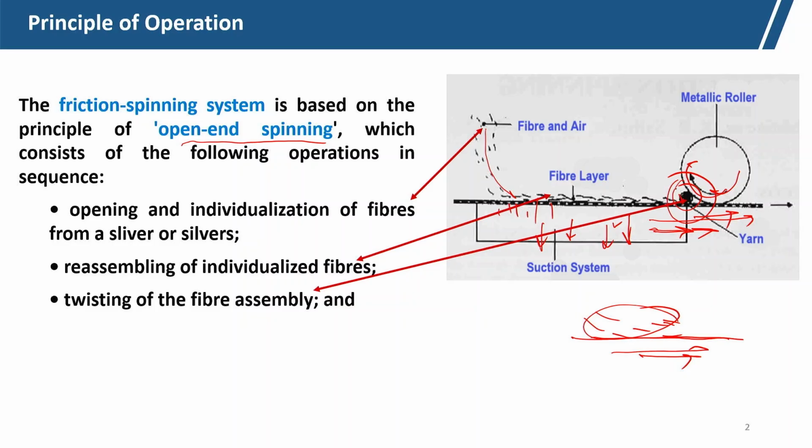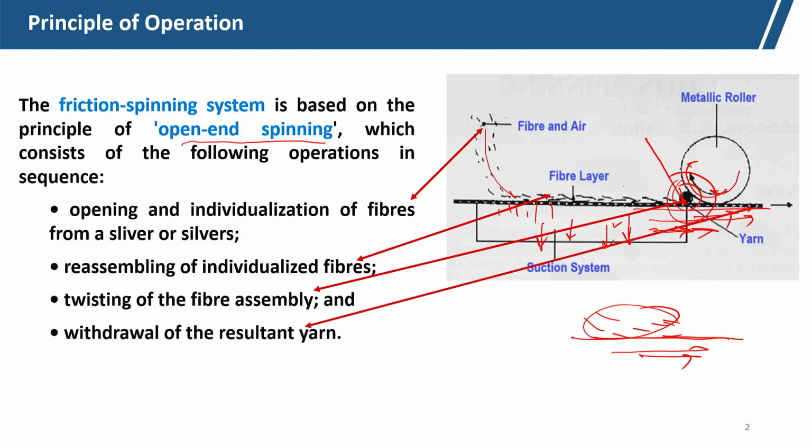This is the formation of yarn, then the yarn is pulled at right angle to the direction of motion. So, withdrawal of the resultant yarn. Then the resultant yarn is withdrawn.